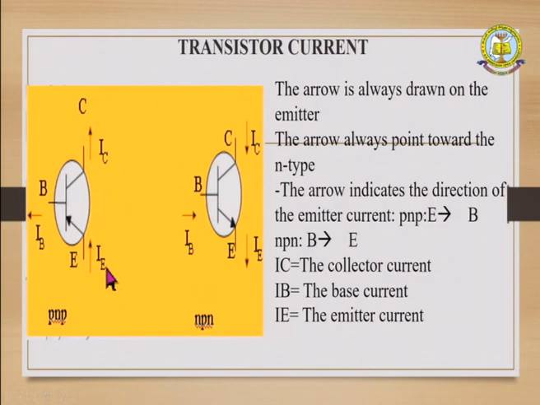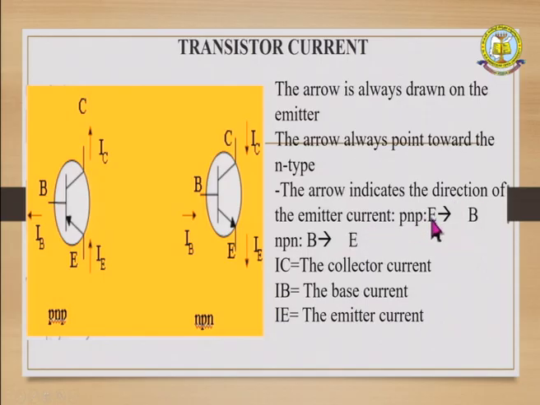Here IB is the base current, IE is the emitter current, and IC is the collector current. The same symbols are located on the NPN and also on the PNP transistor. The emitter arrow always points toward the N type, and it indicates the direction of the emitter current.